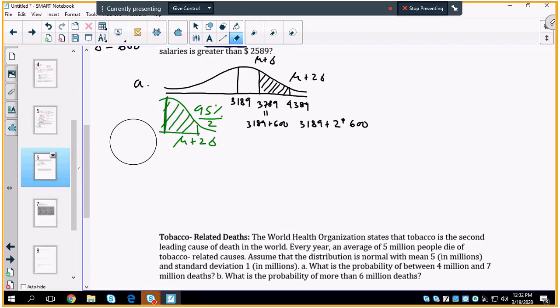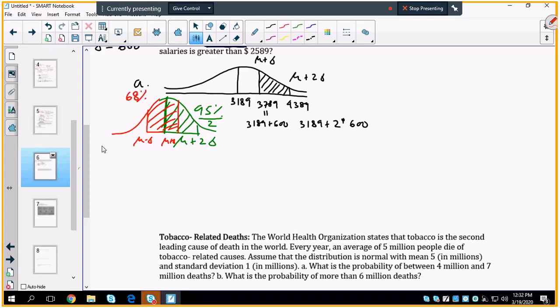I'm interested in this. Then I said, what is the area between mu minus sigma to mu plus sigma? If this is mu plus sigma, this is mu minus sigma, what is the area in between? Well, the total area is 68%, and I want just the half of it because I want only the right hand side.